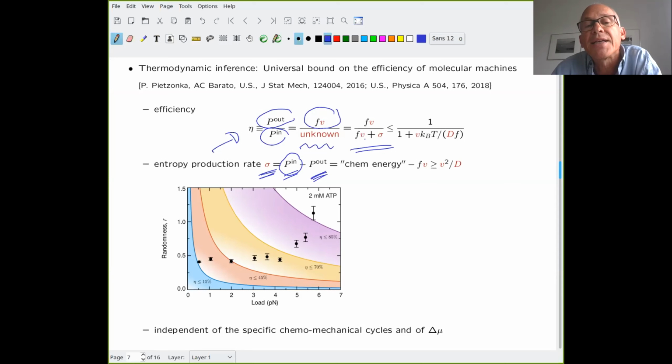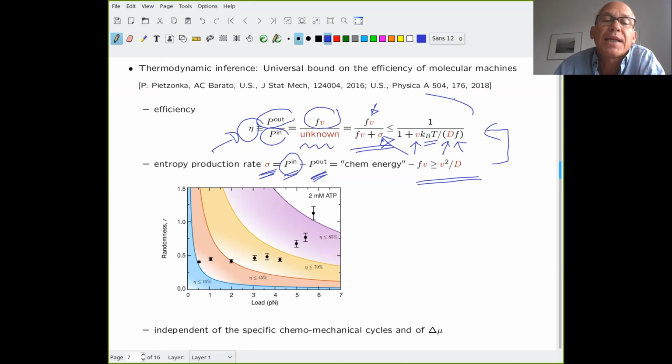And then we have a relation, we can express the efficiency by the velocity and the entropy production. And for the entropy production, we have the uncertainty relation. So you plug that in and you get an upper bound on the efficiency, which involves only experimentally measured quantities: the velocity, the diffusion coefficient, the applied force, and the temperature.